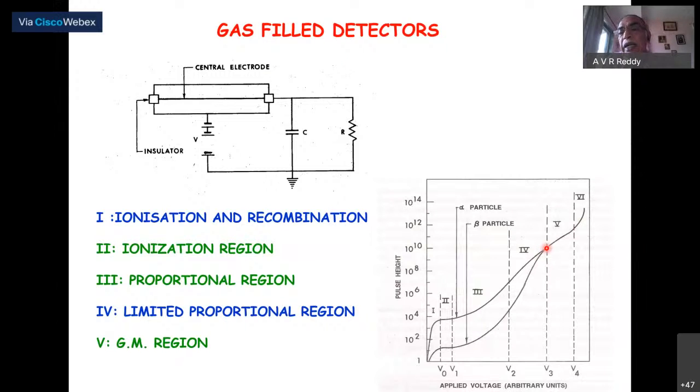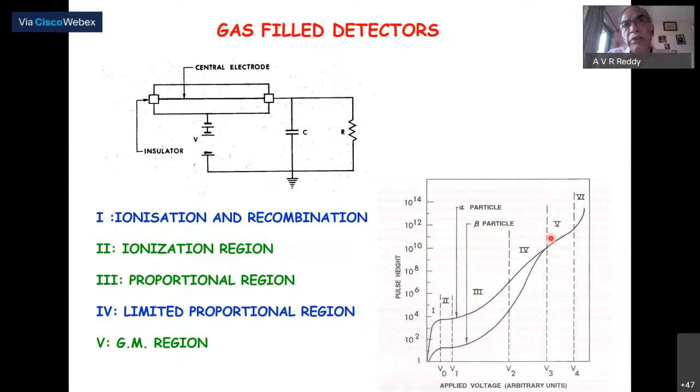Whereas between V3 and V4, at a given voltage, the number of ions produced are constant irrespective of how many initial ions are produced. Therefore, here the information on the extent of energy that is deposited initially is lost. Subsequently, the type of radiation also is lost.